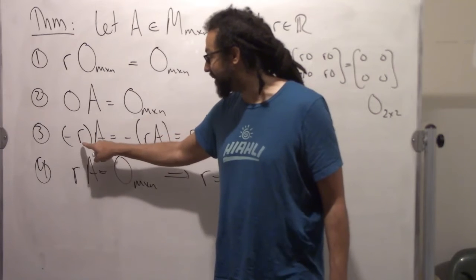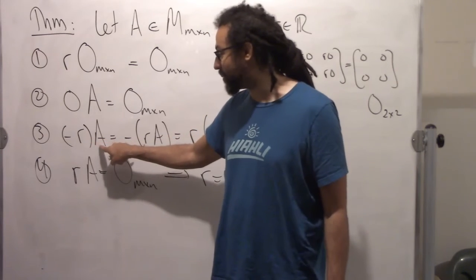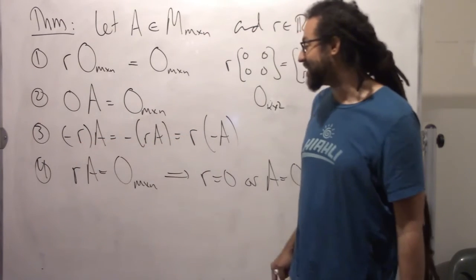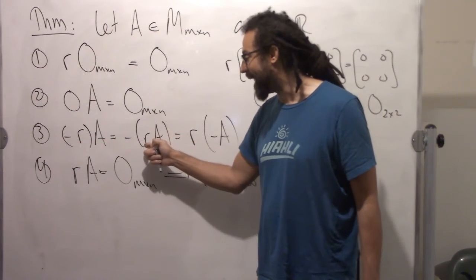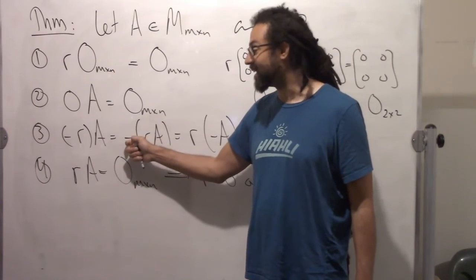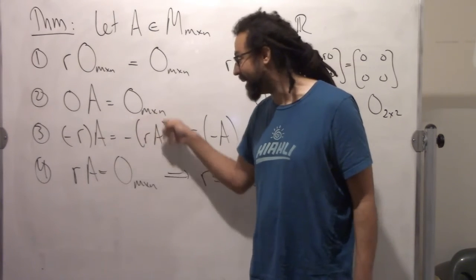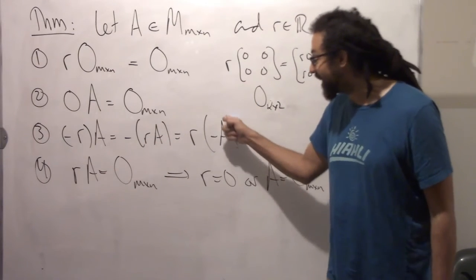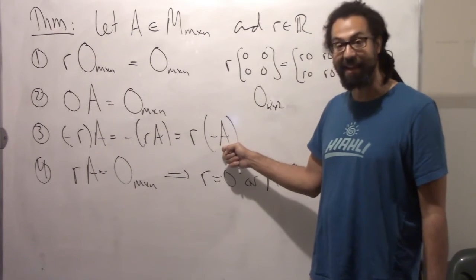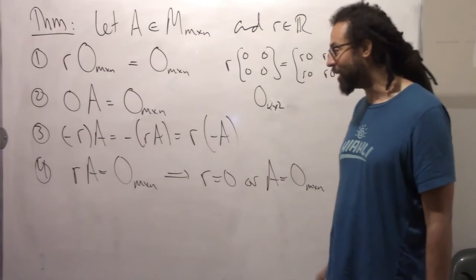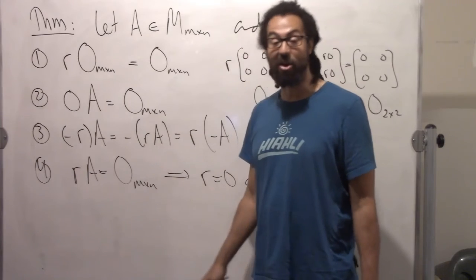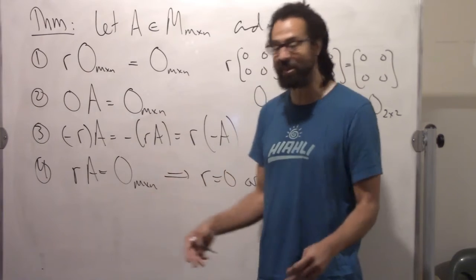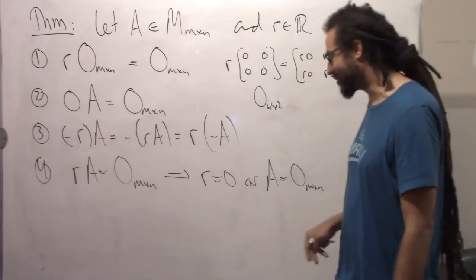And then if I scalar multiply the matrix A by the additive inverse of the real number R, that's the same thing as scalar multiplying A by R first, and then taking the additive inverse of the resulting matrix, little r times big A. And that's the same thing as taking the additive inverse of the matrix A and then multiplying by the real number R. So these all look alike, and they're all equal, but they all say different things, even though they do the same thing.